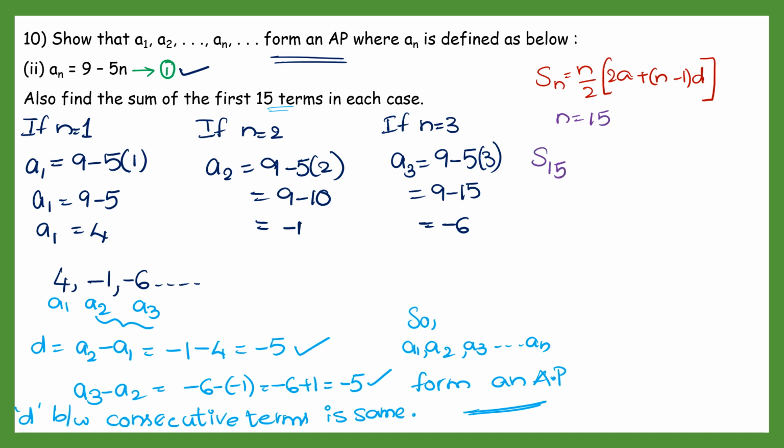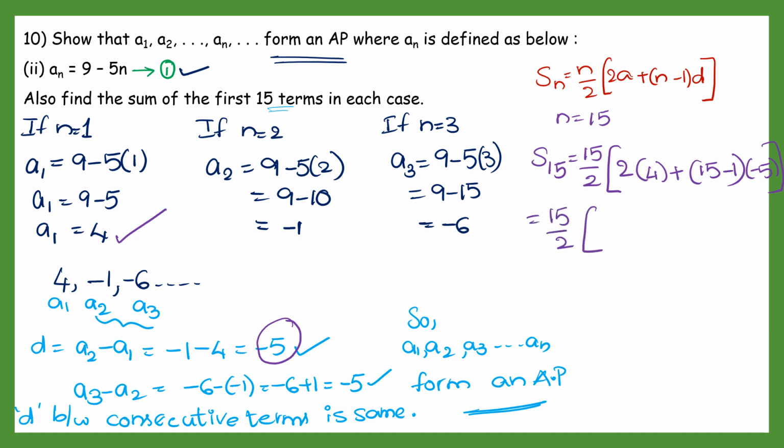S15 is equal to 15 by 2 into 2a, where a is the first term of the arithmetic progression, 2 into 4, plus 15 minus 1 into common difference, which is minus 5. So we get 15 by 2 into 2 fours are 8 plus 15 minus 1 is 14 into minus 5.